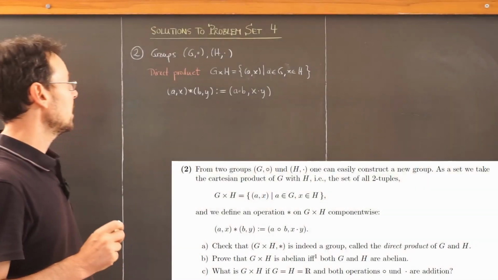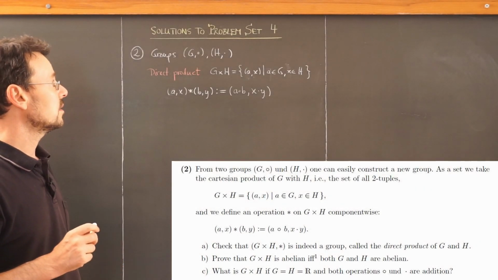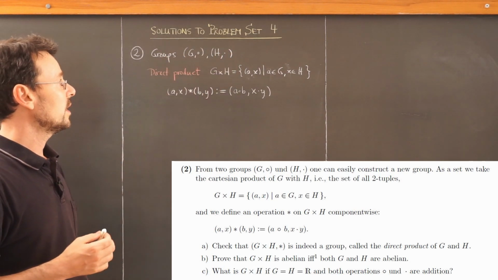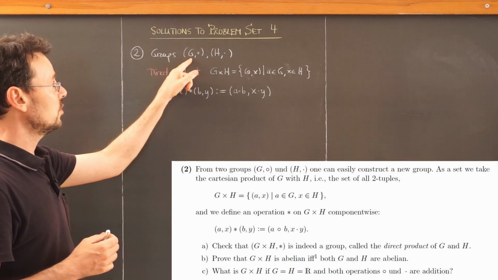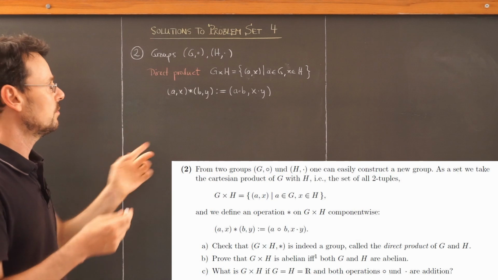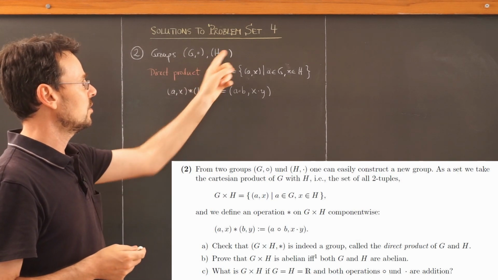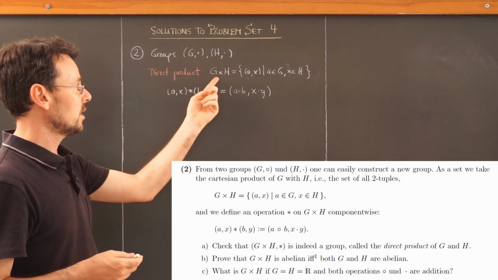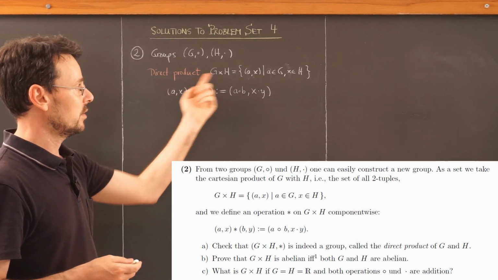All right, next exercise. This is an easy way to construct new groups from already known groups. If I have a group G with composition or operation circle, which I call circ for short, and here H and dot as operation, then their direct product as a set is given by the Cartesian product.